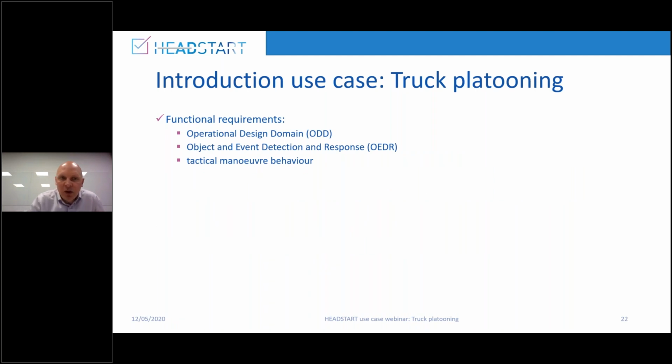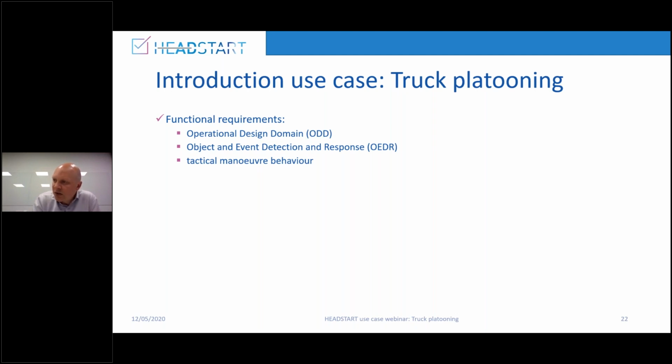And if we look at truck platooning, what's interesting, of course, is looking at what are the functional requirements. That's an essential step also in the method because this really determines which scenarios are relevant and which scenarios should be tested. So it's always very, very important to define the functional requirements based on the operational design domain, the object and event detection and response, and tactical maneuver behavior.